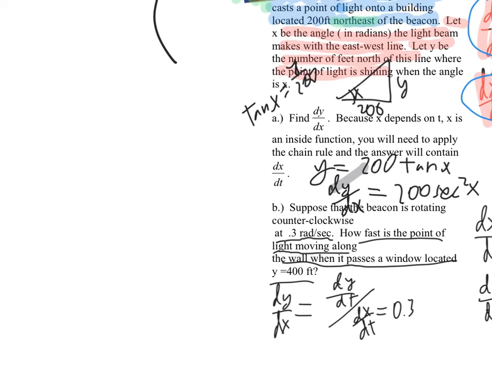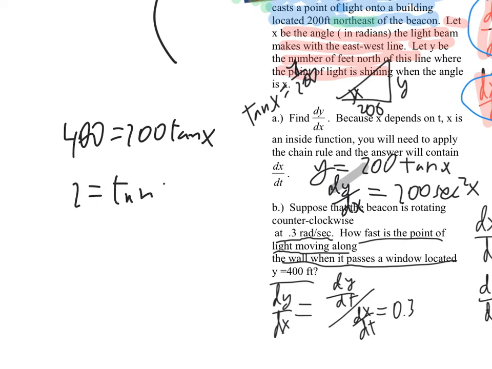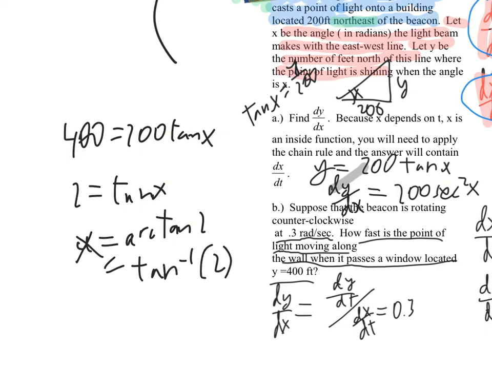So when y is 400, we have 400 equaling 200 tangent x. So 2 equals tangent x. So x equals arctangent, or tangent inverse, of 2. I'm going to leave it at that.